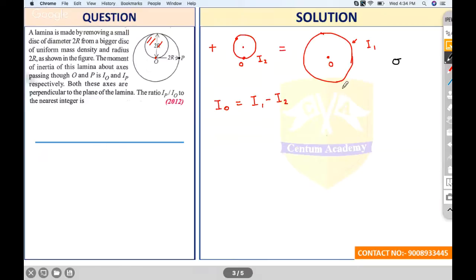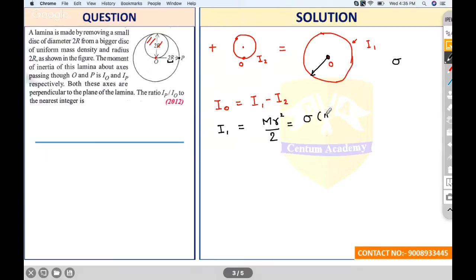Now let us first try to find out what is I1. I1 about this O should be MR square by 2. Let me replace this capital R with a small r so that we don't get confused. This is the radius of this particular disk, which happens to be 2r. Now capital M is what?